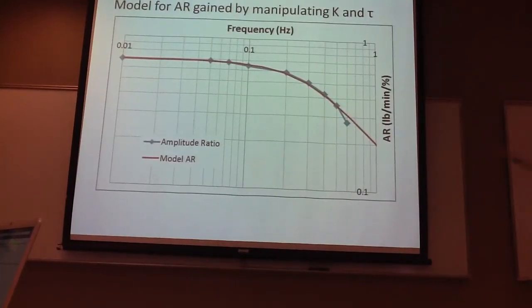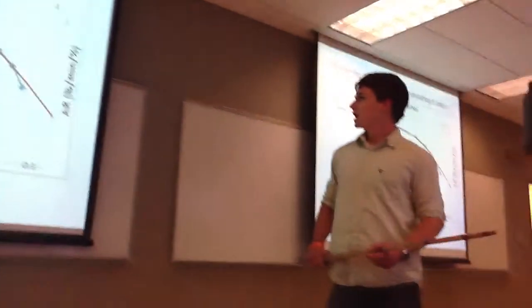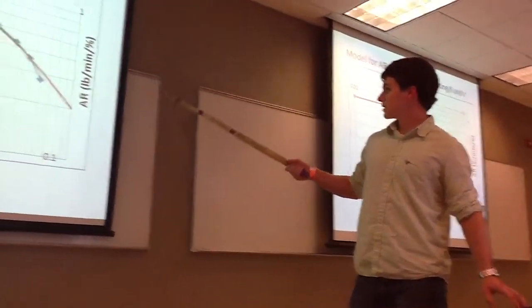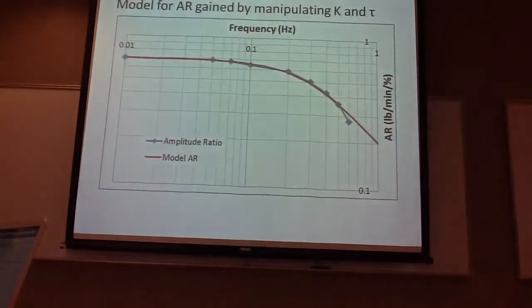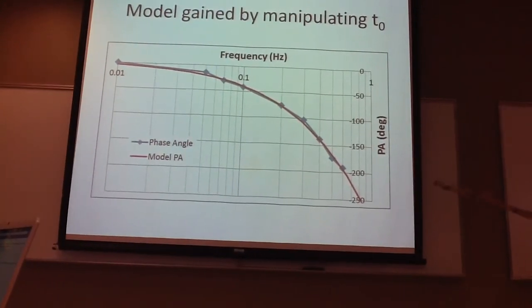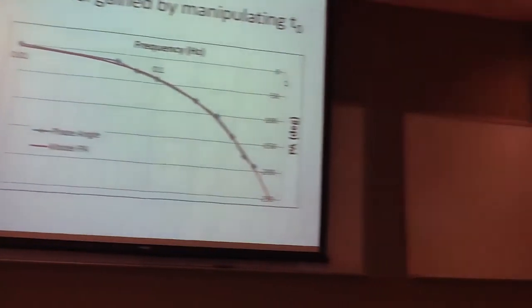This is the Bode plot for AR for the mid-range, and you can see it fit pretty well, except for at the end it kind of dove off. And this is for the phase angle for the mid-range again, and this was gained by manipulating the dead time value.